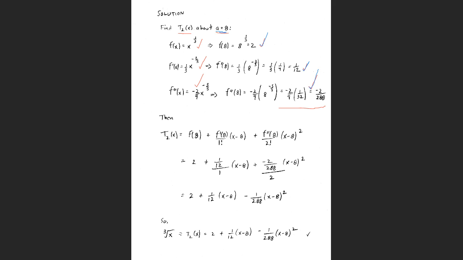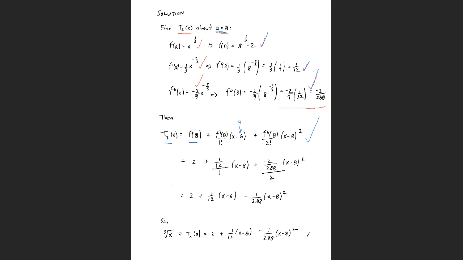Now what we do is construct the Taylor polynomial. The Taylor polynomial would be f of 8 plus f prime of 8 over 1 factorial times x minus 8. Remember, a equals 8, that's the value of a.